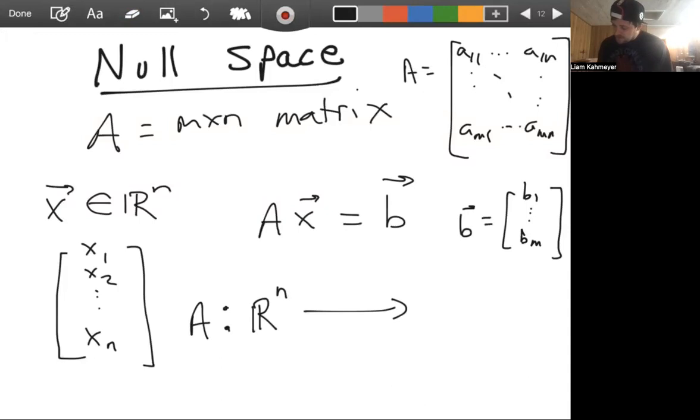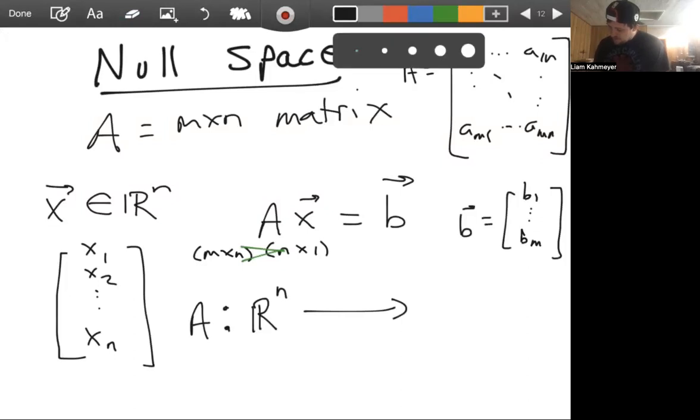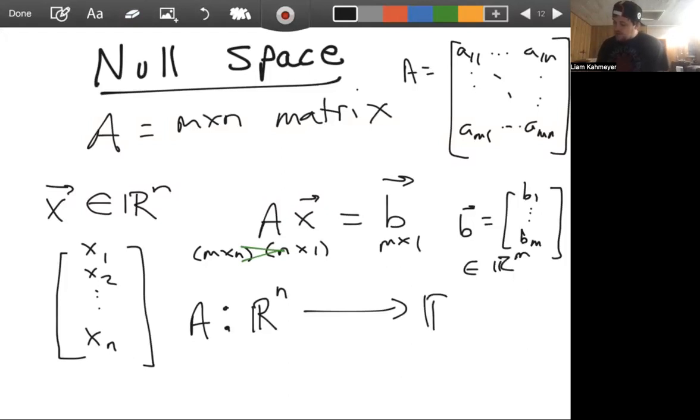And if you'd like to think about this, A is an M by N matrix, X is an N by 1 vector. When you multiply those together, the result is an M by 1 vector, right? And B, in this case, is an element of Rm. And so we can think about a matrix as a function from n-dimensional Euclidean space to m-dimensional Euclidean space, right?